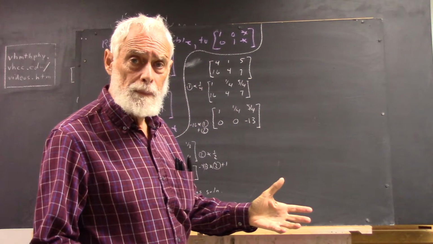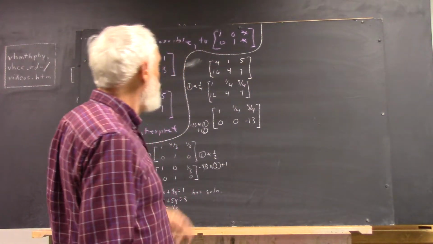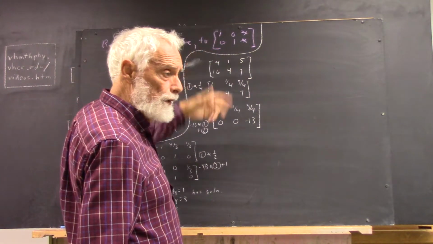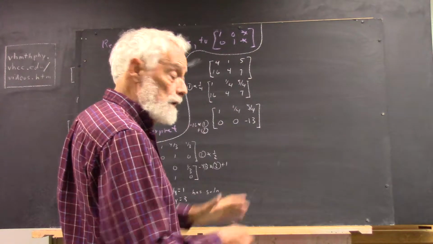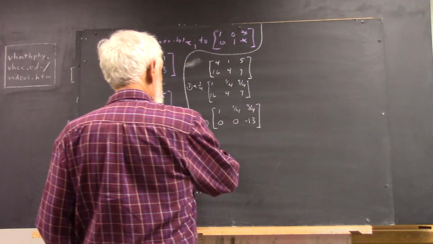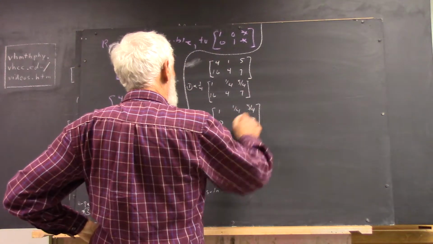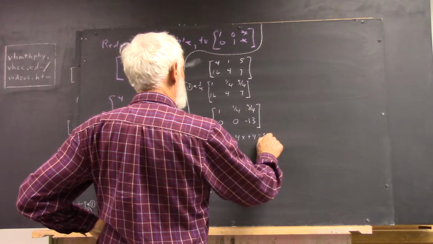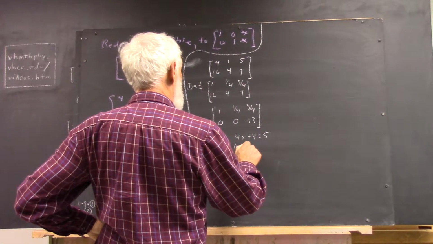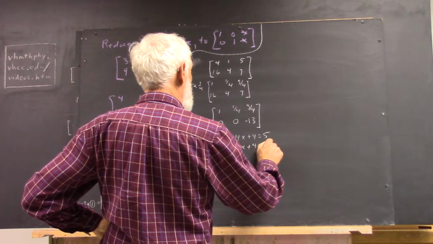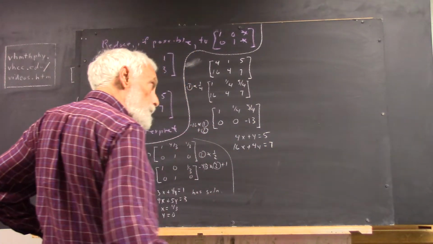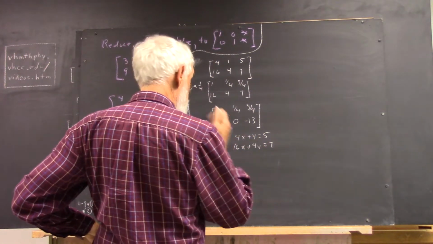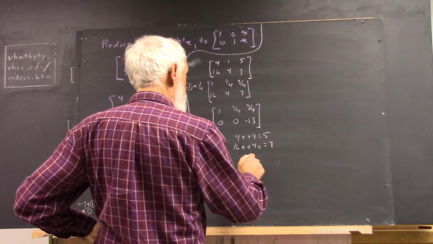That's false. Okay? Meaning that these two equations don't pass through any of the same points. They're parallel lines. Now, the equations we get here, of course, 4x plus y equals 5, 16x plus 4y equals 7. They're incompatible. Any solution to this one is not a solution to this one, and vice versa.